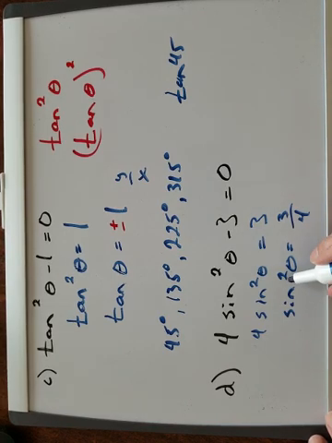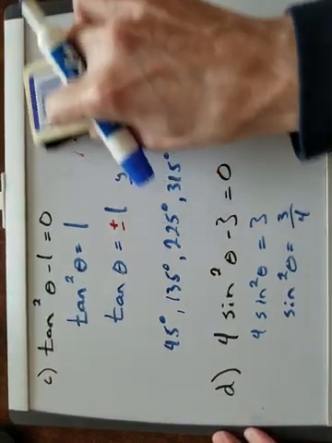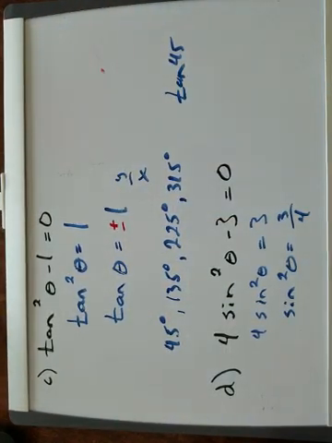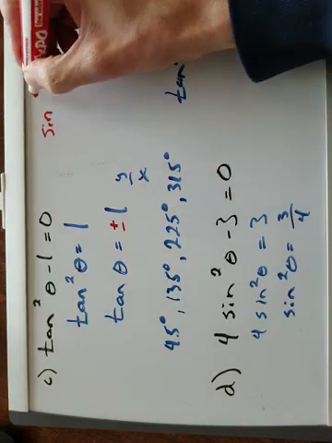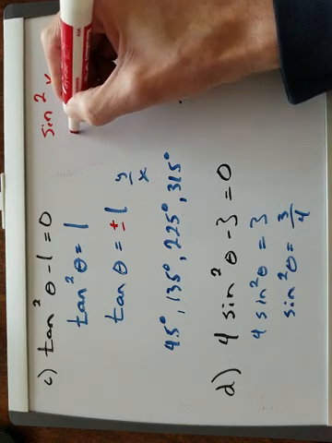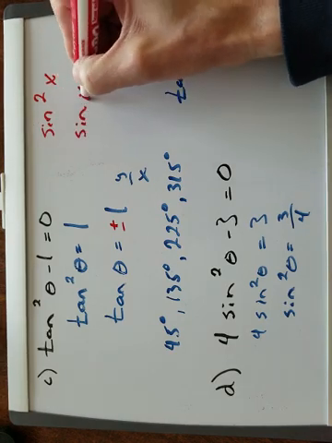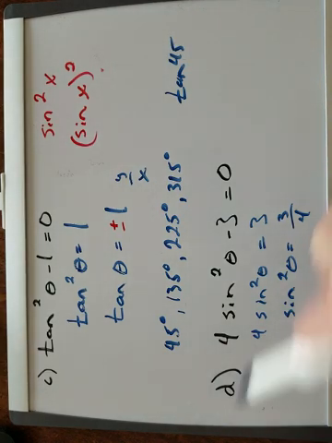If I square root this side, don't forget what that means. If you have sine squared of any angle, whether it's theta or x, doesn't matter, this really means sine x squared. And if I want to get rid of the square, I will square root both sides.